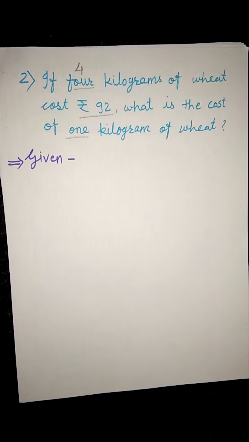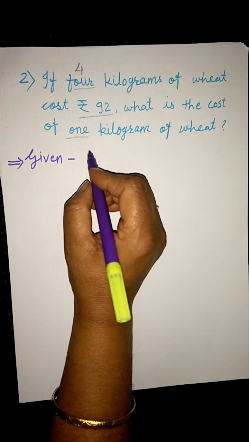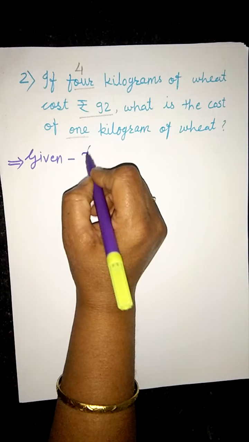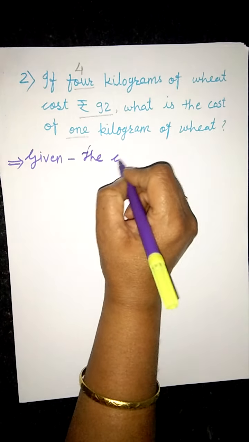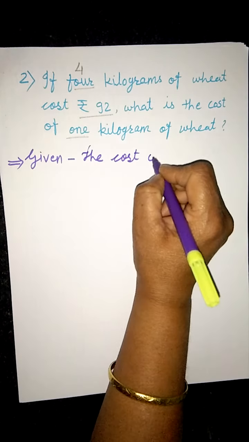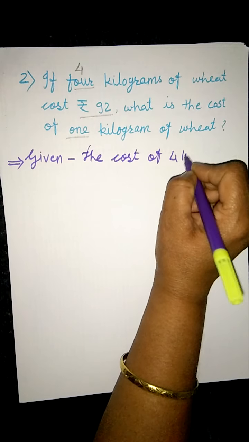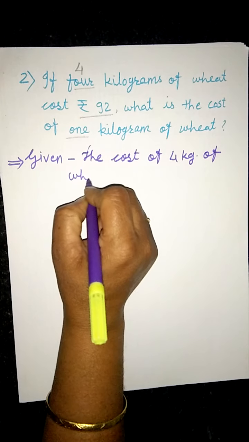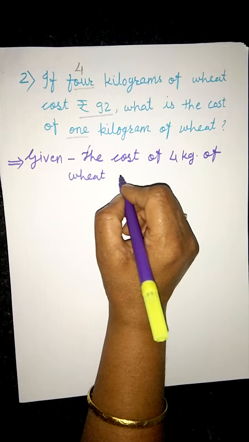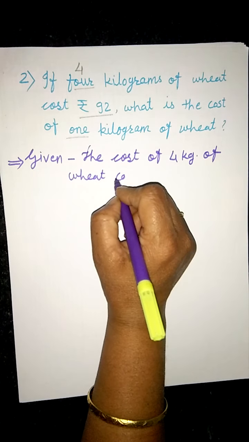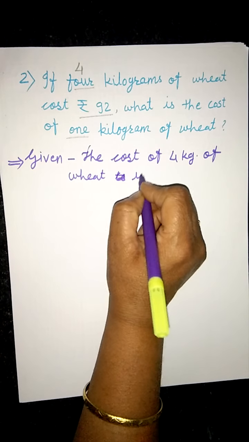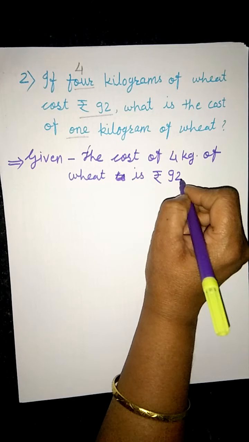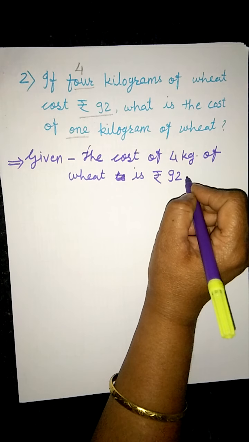Now children, what is given here? Here the cost of 4 kg of wheat is rupees 92.